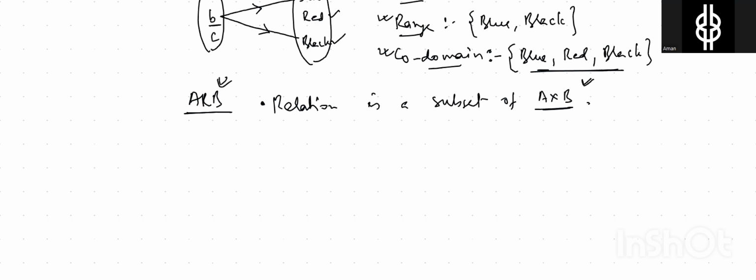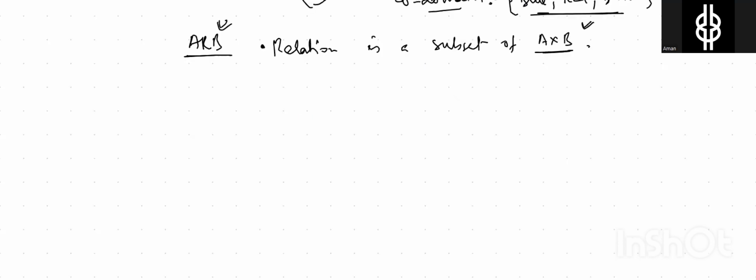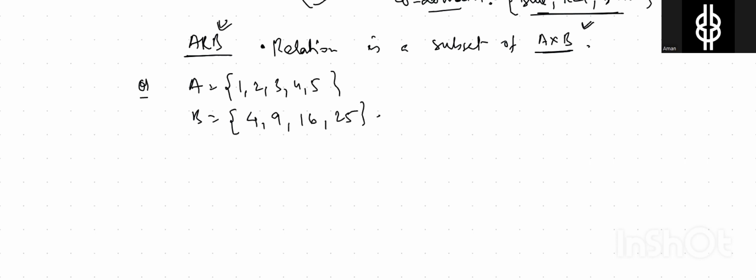Okay, let's very quickly see a very simple example. For example, there is a set A, 1, 2, 3, 4, 5, and I have taken a set B such that we have, let's say, 4, 9, 16, and 25. So if I use the Cartesian product, what is the relation written here?